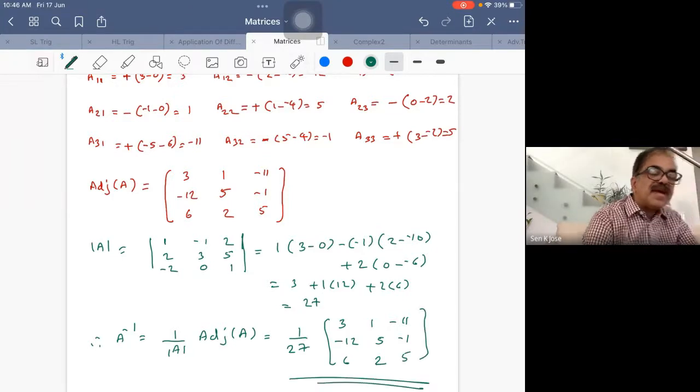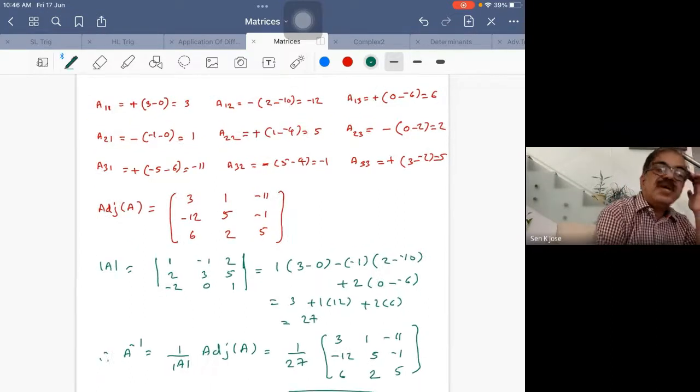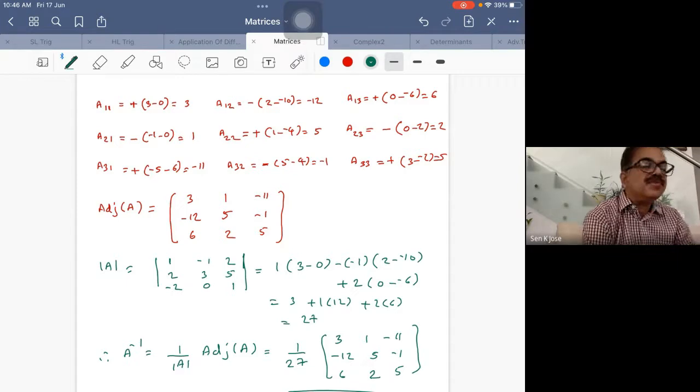Look, all of them would be fractions, so I'm leaving it here. That's my A inverse. Tell me if you have trouble, or what we could do is we will do one more question like this carefully, slowly, and then listen to me and do it with me. It should be fine. So that's your A inverse.